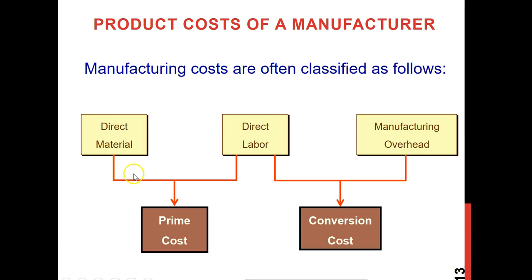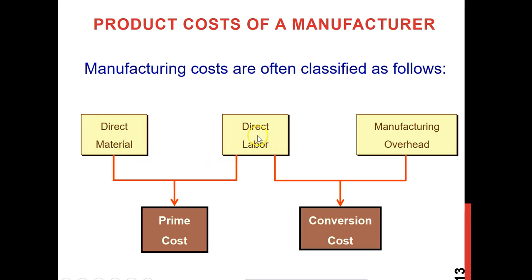Now, as I mentioned earlier, direct material and direct labor cost, these two together, you can call the prime cost. And if you combine only direct labor and manufacturing overhead, you can call them conversion cost. Remember, these are kind of the prime factors if you want to manufacture a product. Without raw materials, you cannot imagine producing something, and you of course need some labor.